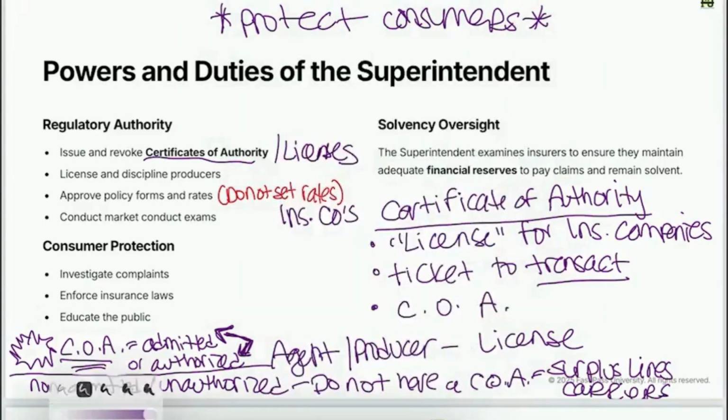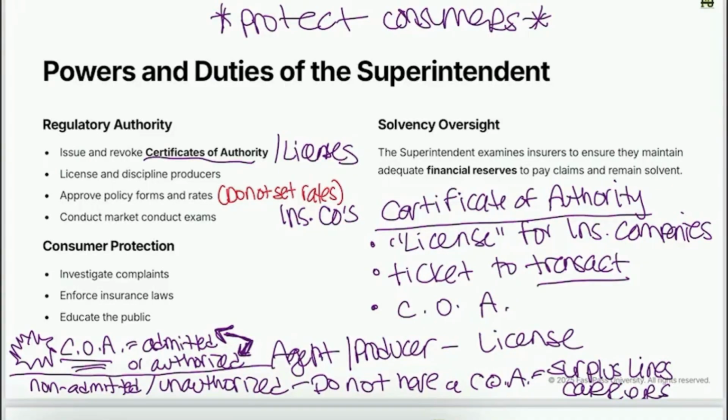And so the superintendent approves policy forms and rates, but they do not set them. So they could say the superintendent does all of the following except, and they'll list some of these here, and then they'll put set insurance rates or increase insurance rates. No, they do not do that. They only approve or deny them. And that's usually the trick question they throw in there.